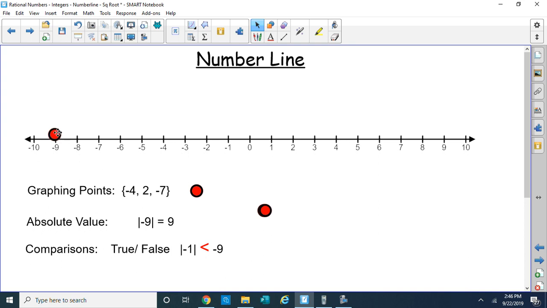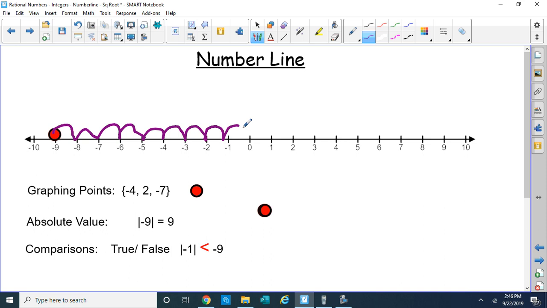How do we know? Well, we have to start doing some actual counting. So let's get our color and count. We're going to count how many spaces until we get to 0. 1, 2, 3, 4, 5, 6, 7, 8, 9. That will land us at 0. So it's 9 spaces away from 0.